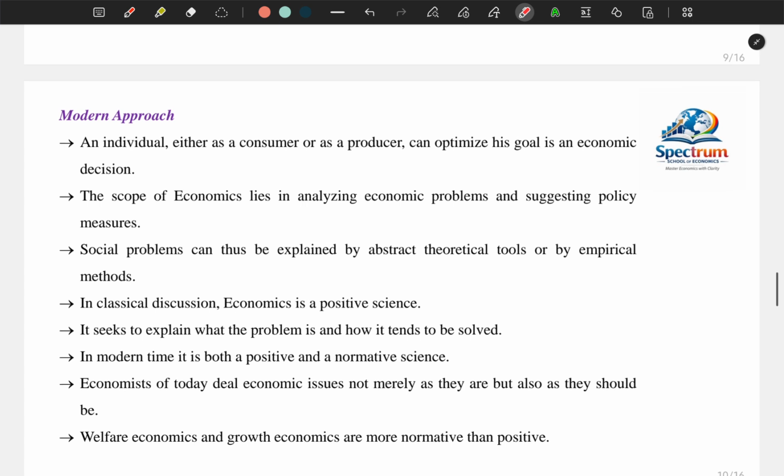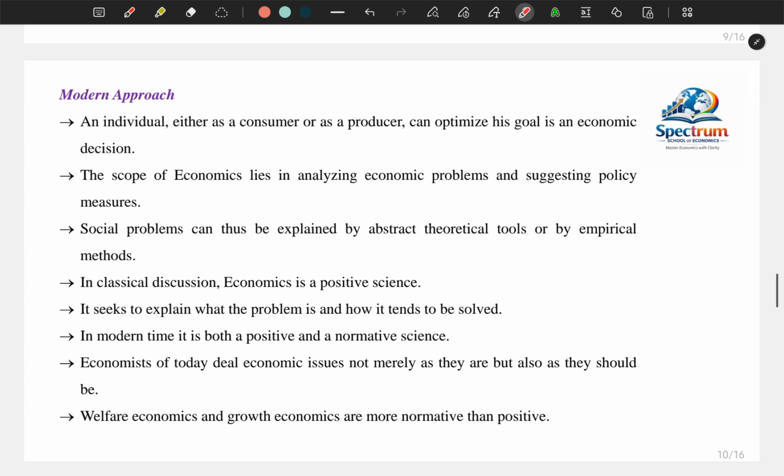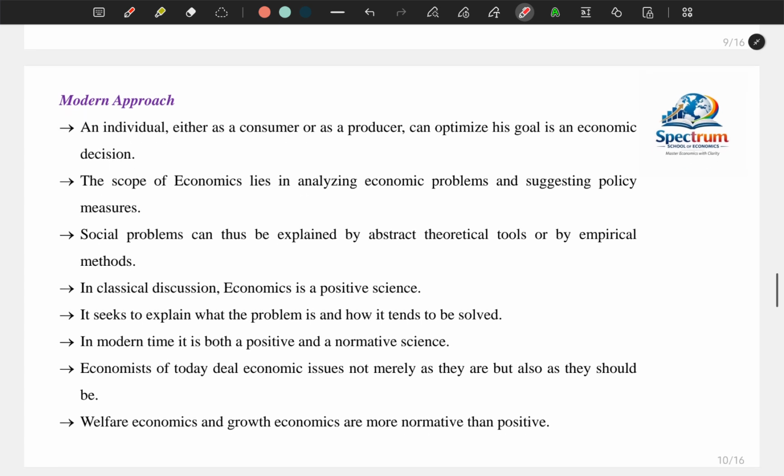In the modern approach, economics includes an individual, either as a consumer or producer, who can optimize his goal in an economic decision. Here the consumer wants to maximize his satisfaction, and the producer wants to maximize his profit. So the modern approach considers both individuals, consumer and producer.